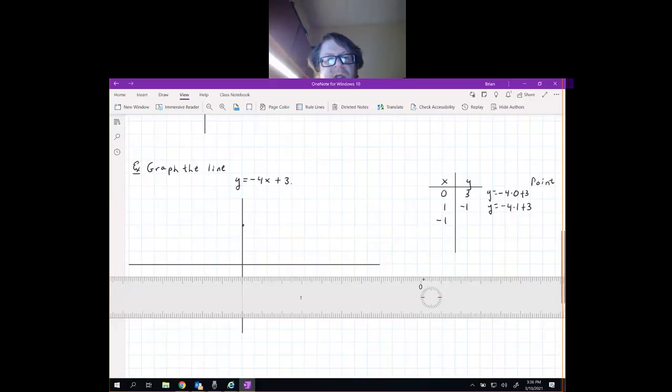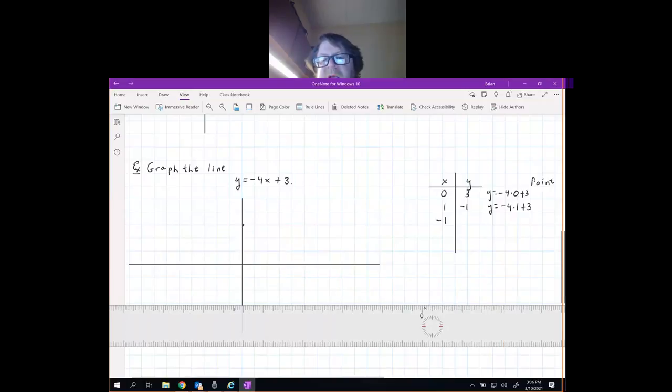To do that, I'll start at the center, go to the right 1 and down 1. Now, if everything's correct, I can graph a line and it will connect those 2 points. Although I would like a third point to tell me if I'm doing this right, because they should all line up. So let me plug that one in.